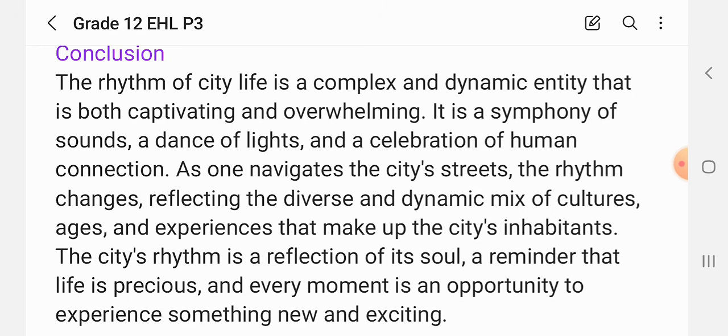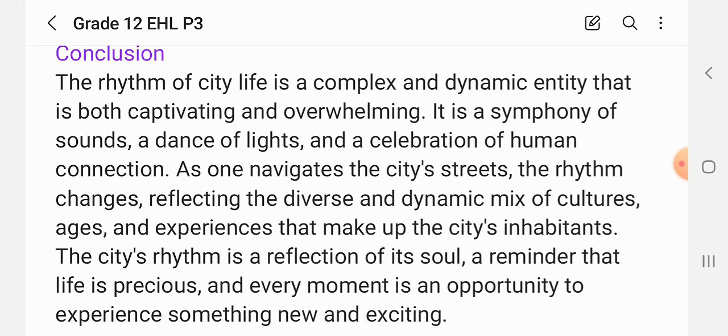The rhythm of city life is a complex and dynamic entity that is both captivating and overwhelming. You see? So the city can both captivate you, attract you, or overwhelm, become too much for you. It is a symphony of sounds, a dance of lights, and a celebration of human connection.